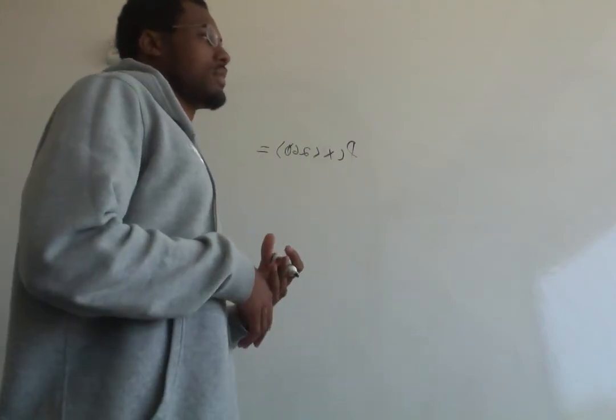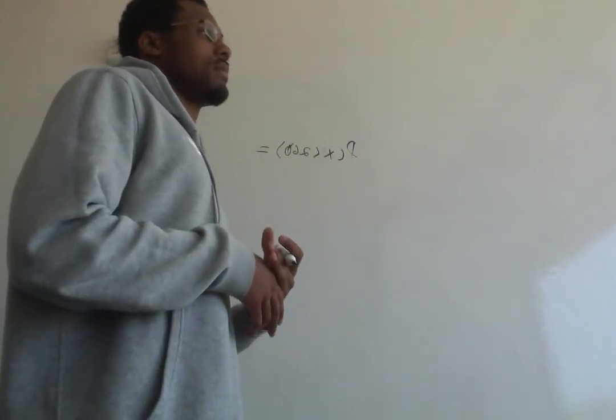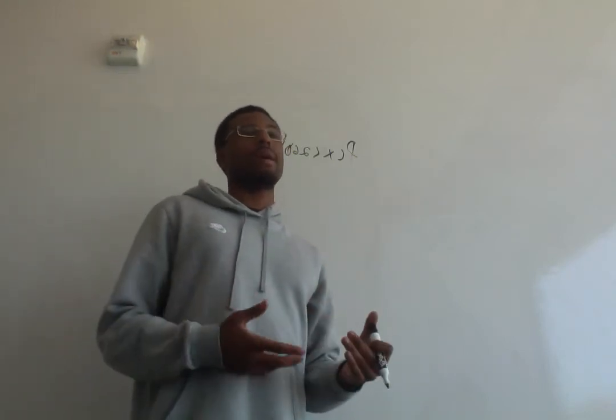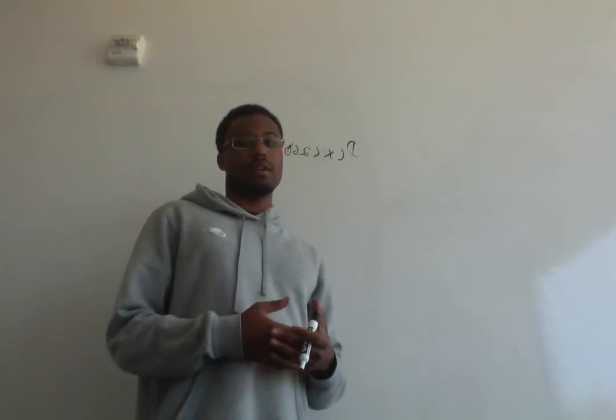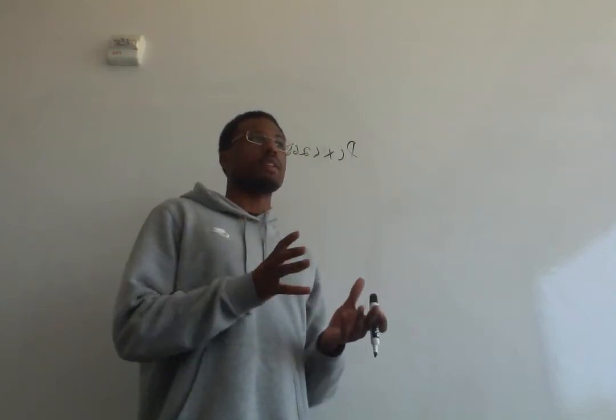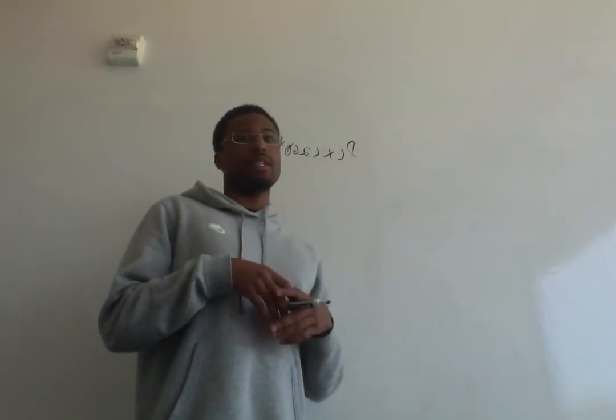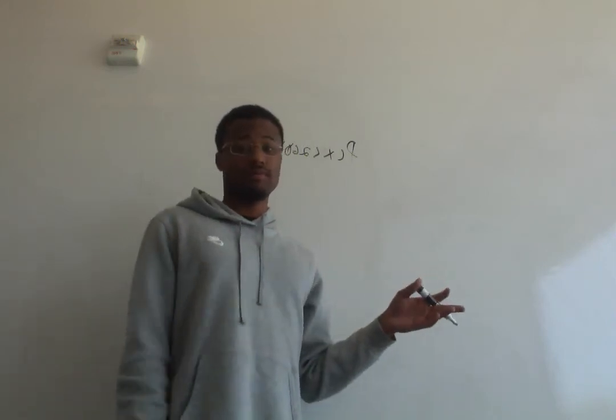So the z-score is basically just the proportion, the percentage of that probability, but just for a specific sample, because in the z-score you're looking at a normal distribution.